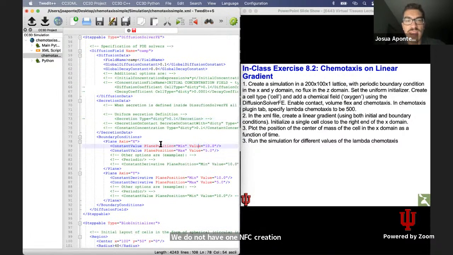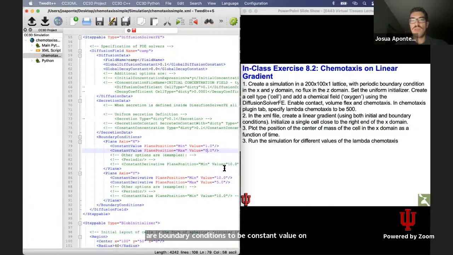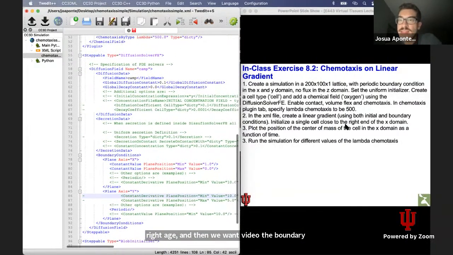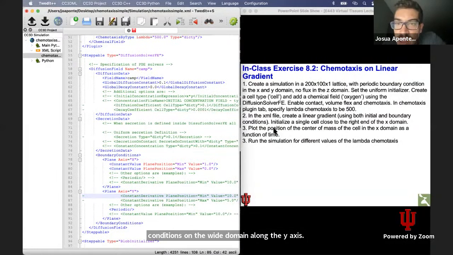Then our boundary conditions should be constant value on the x-axis. We want 1 on the left edge and 0 on the right edge. And then we want periodic boundary conditions along the y-axis. And here is an important... so let me modify.